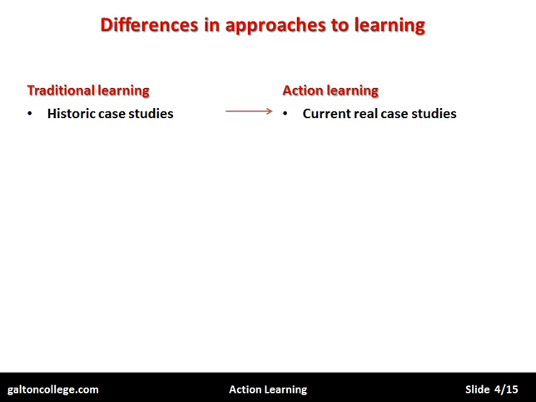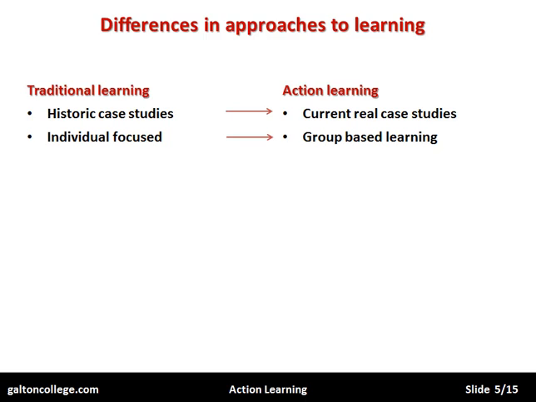We have our general education, we might have a business education or an engineering background or whatever it is, but essentially we're working on this problem to try and find a solution. And there are very few sources that can help us, if any. So there's a big distinction between traditional and action learning.